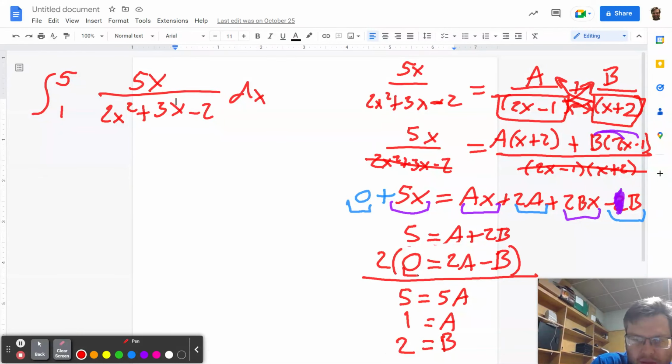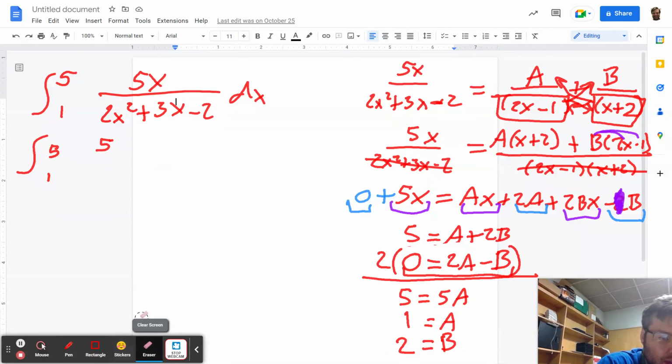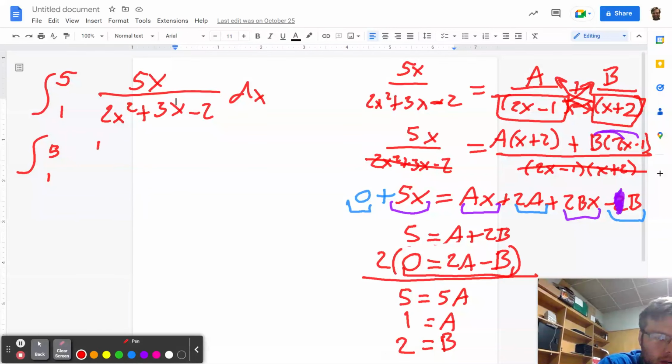If I just use this equation right here, you can see why b has to equal 2. So my original integrand then is actually, I don't need to write the 5 anymore. It's actually equal to the a I just found, 1 over 2x minus 1, and the b I just found, 2 over x plus 2.